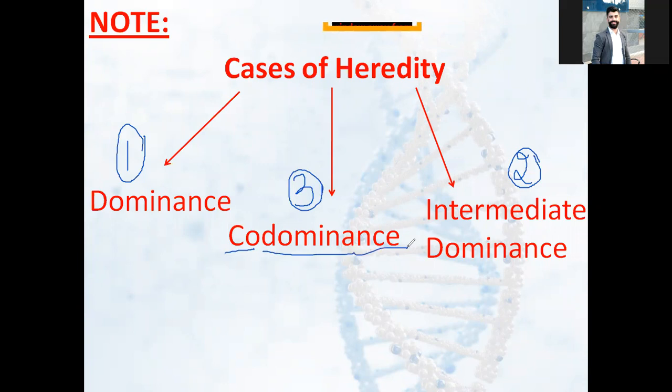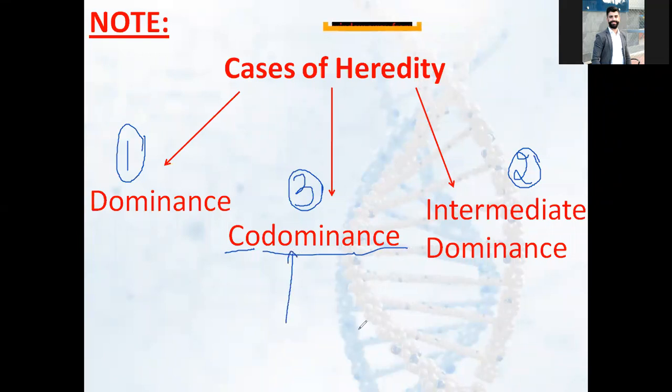Let's give an example. If we cross a white dog with a black dog, all the descendants, all the offspring, are black dotted with white spots, meaning that they are white and black at the same time. So we have both alleles found. So this is called codominance.